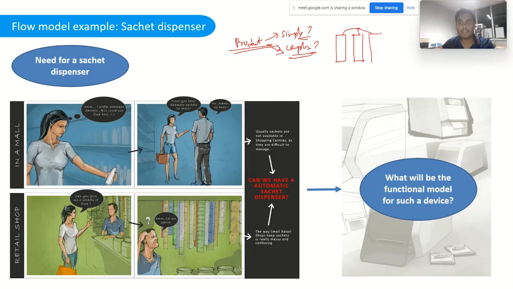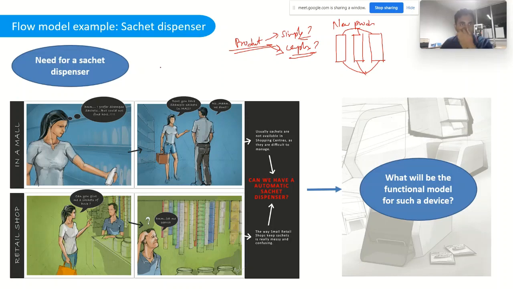It should not have any sort of limitation while modeling the functional blocks. So that's the reason why when we do new product development, new product design, we use this flow model for functional modeling.